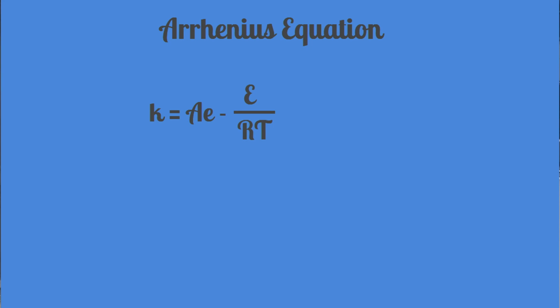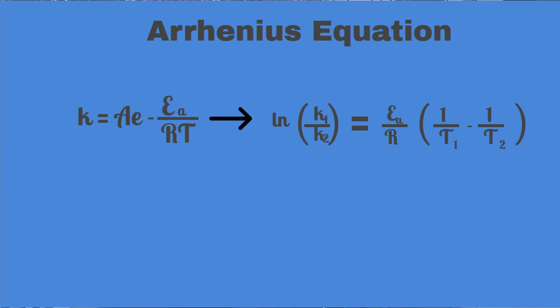The Arrhenius equation shows how the rate constant depends on the activation energy. And we can modify it to this equation where we can see the ratio of the rate constant in a reaction at different temperatures.